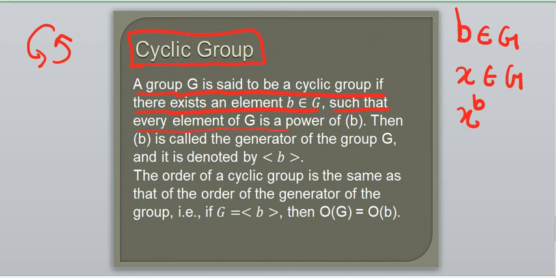Every element of G is a power of B, then B is called the generator of G.